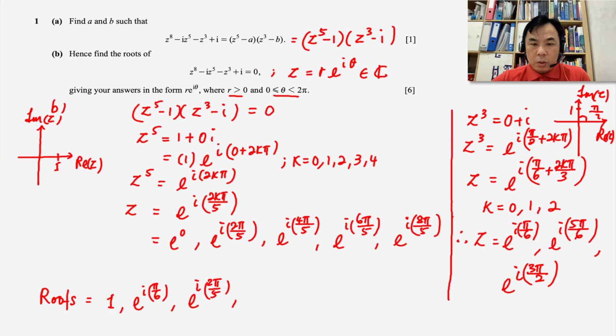So this one will go first, e^(i 4 pi over 5). And then right after that, we'll go with e^(i 5 pi over 6). And then after that, this is 1.2, 1.5. We're going to go for this one first, e^(i 6 pi over 5).